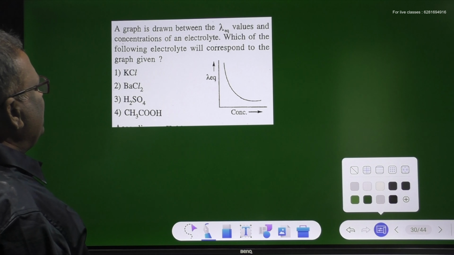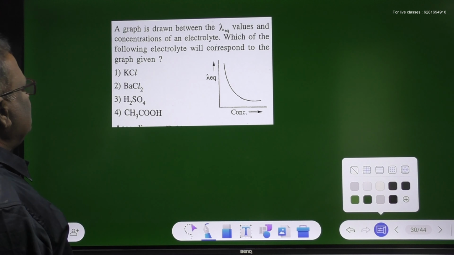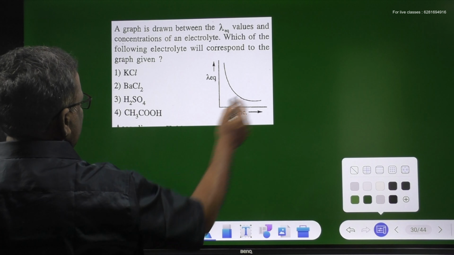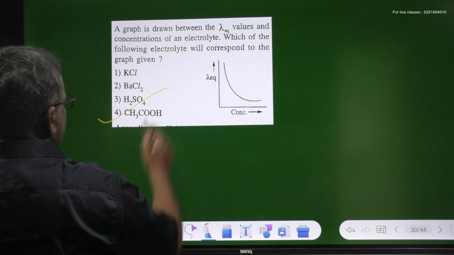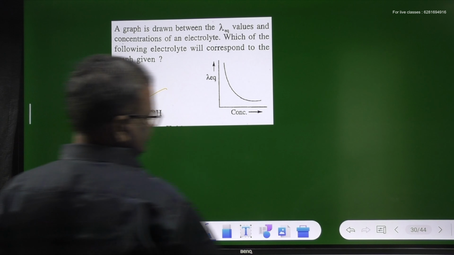Now, for the graph drawn between lambda equivalent values and the concentration of the electrolyte, which of the following electrolytes will correspond to it? This graph is for a weak electrolyte. Here the weak electrolyte is CH3COOH.